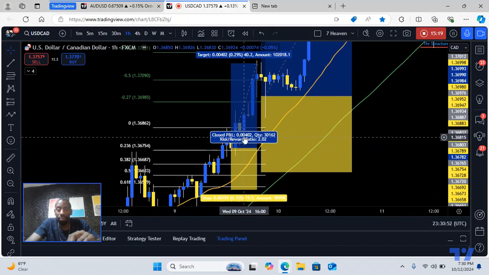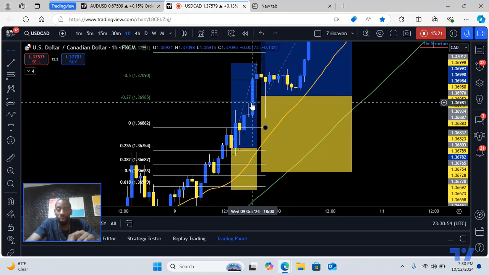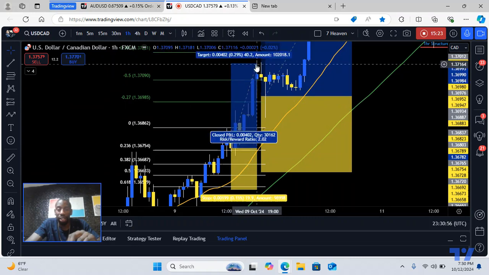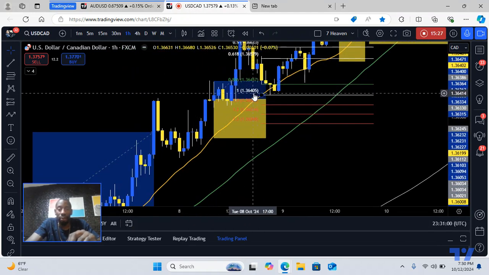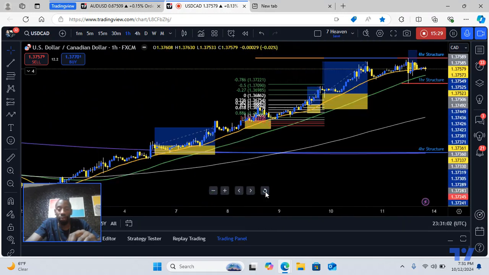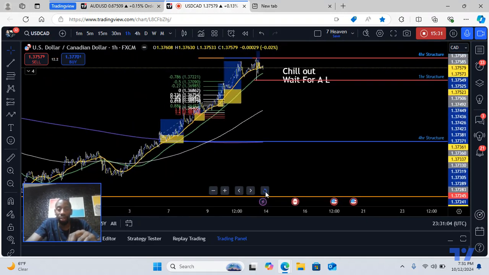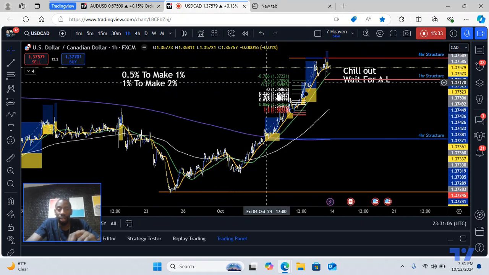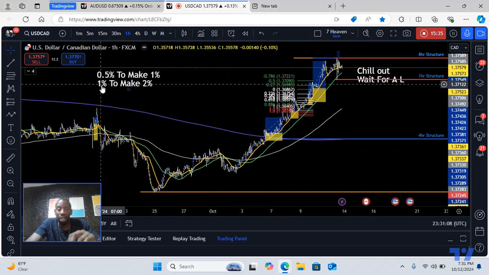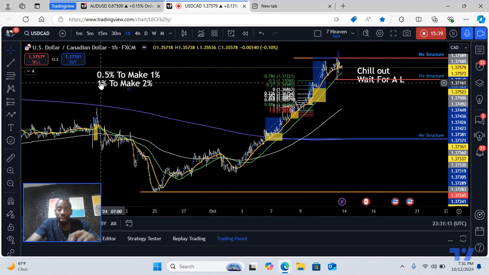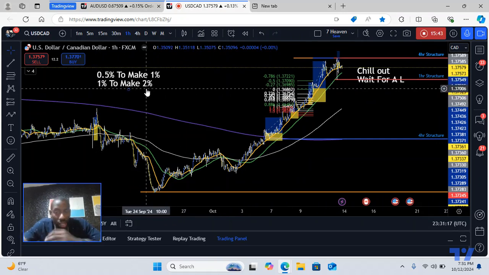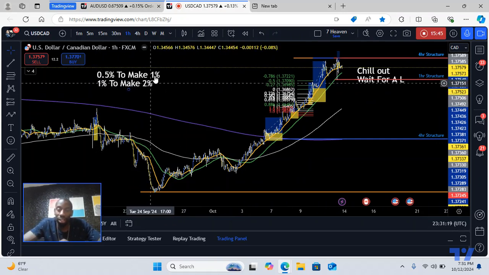Okay, great, and then boom, I would have entered here, and target right there acquired, risking 500 on this one. 500 risk on that one, and on the next one, risking $1,000, which is the 1% to make 2%. If I'm doing a 100K account, that's $2,000 right there.